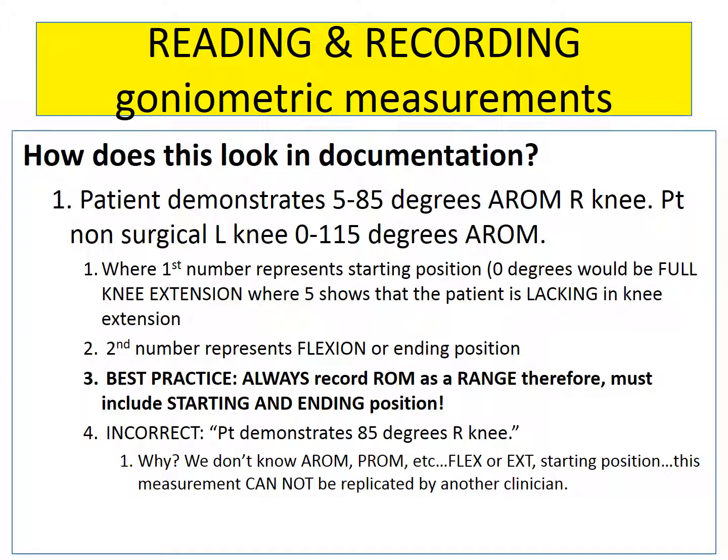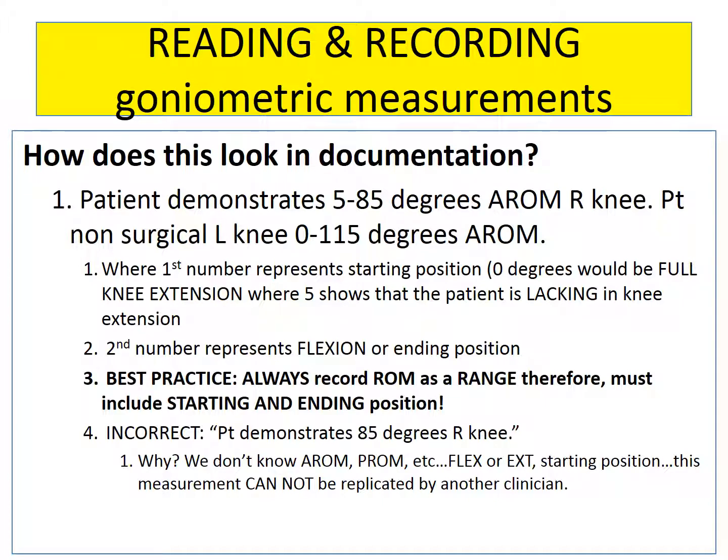You will learn that 120 degrees is what is considered normal value, but by comparing the involved side to the uninvolved, you see that the patient normally lacks 5 degrees of knee flexion. You may say, well, they didn't identify the motion. Well, because the knee is a hinge joint that only moves into flexion and extension, it is a given that this would be a measurement for flexion and extension.